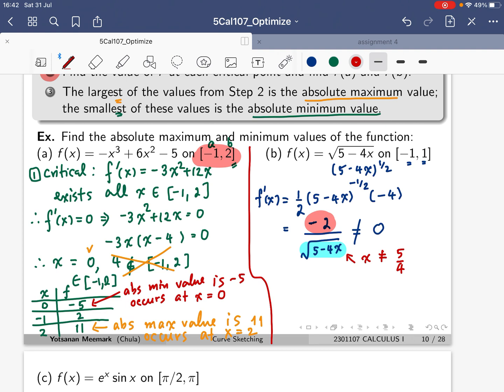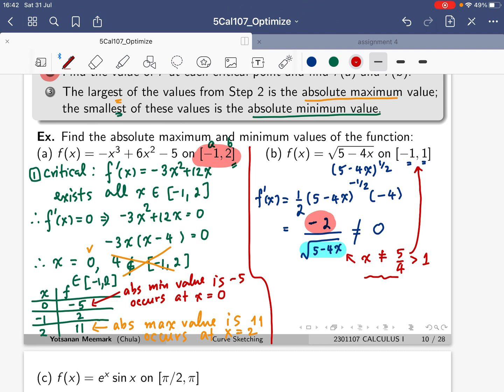Is that correct? However, this 5/4 is already not in this interval, because it is greater than 1. So this one is okay, because it is outside the interval under consideration.